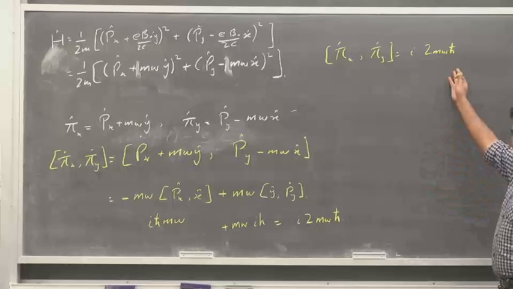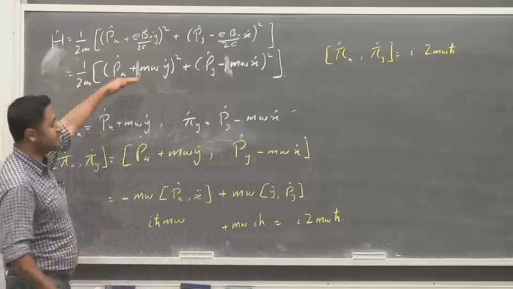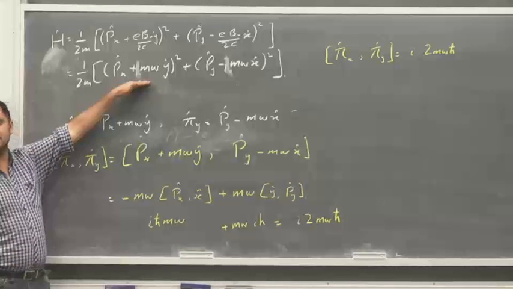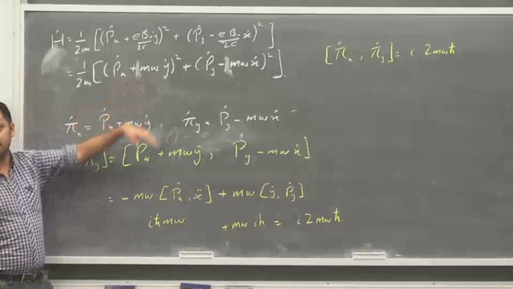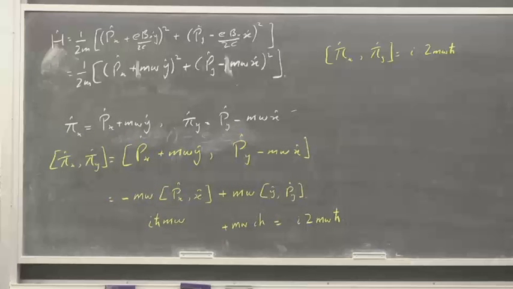But if this is so, that means I can solve it. The Hamiltonian is just a harmonic oscillator. So how would you solve it? It's now just a review.